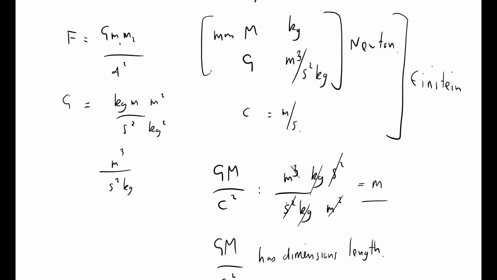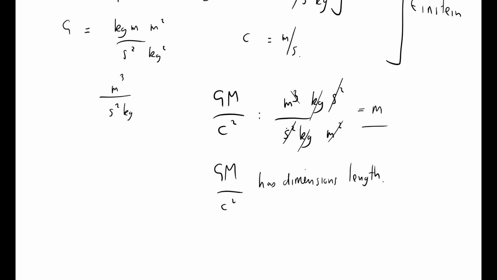There is no length scale built into a point mass of mass m, whereas the relativistic view, dimensionally at least, has a length scale built into it. And what we're going to do is investigate the physical significance of that length scale and try to understand what it means.